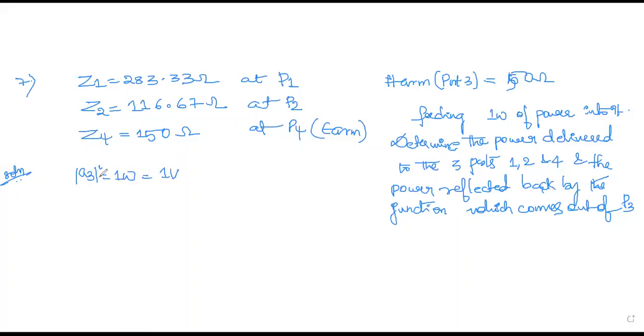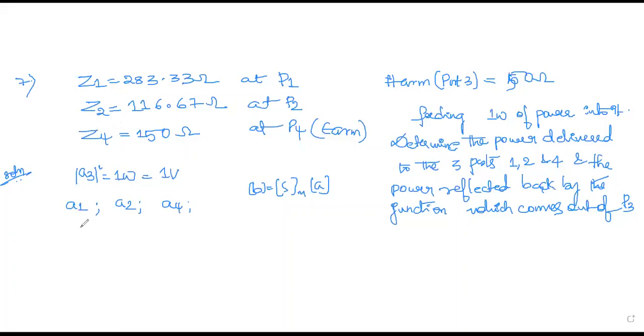So A3 is already given. You need to find out A1, A2, and A4 in order to substitute into the S matrix of your magic tee. So tell me, how do you get A1, A2, A4 using the relation of Z1, Z2, Z4?